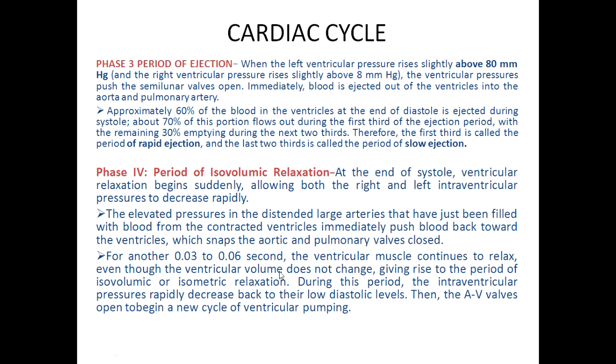For another 0.03 to 0.06 second, the ventricular muscle continues to relax, even though the ventricular volume does not change, giving rise to the period of isovolumic or isometric relaxation. During this period, the intraventricular pressures rapidly decrease back to their lower diastolic levels. Then the AV valves open to begin a new cycle of ventricular pumping.